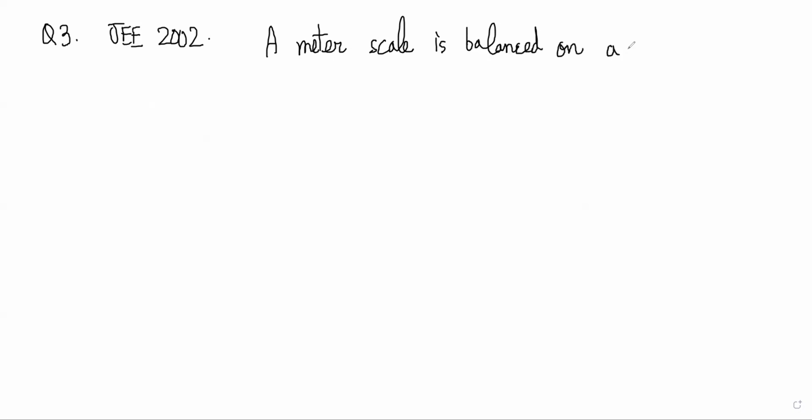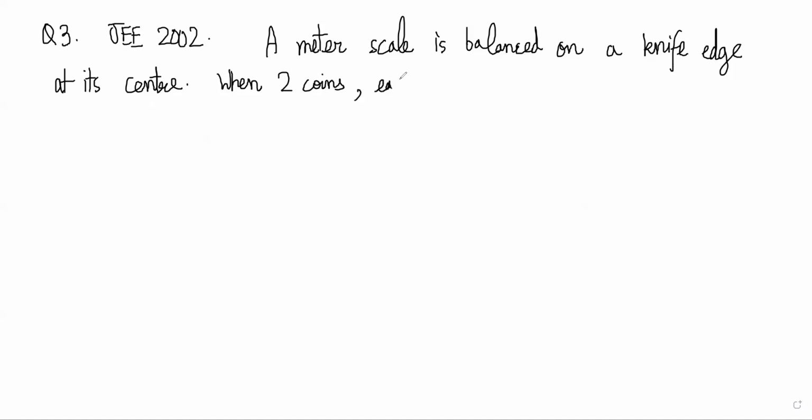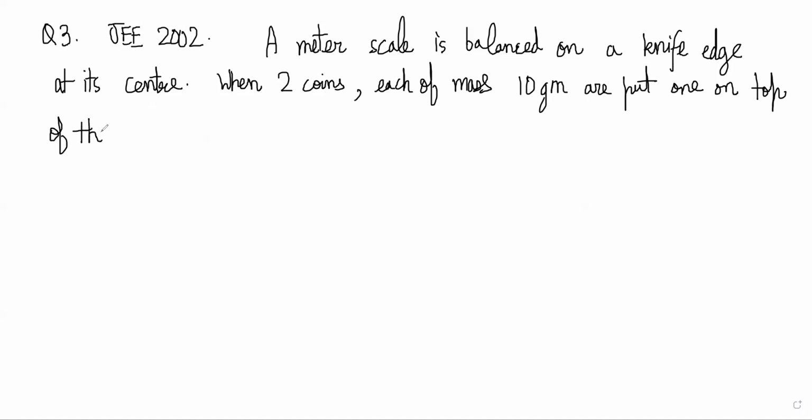This is JEE 2002. And the question says a meter scale is balanced on a knife edge at its center when two coins each of mass 10 grams are put one on top of the other at the 10 centimeter mark.